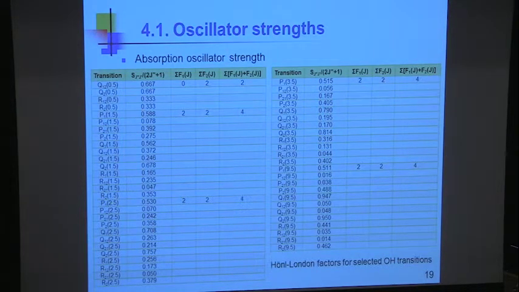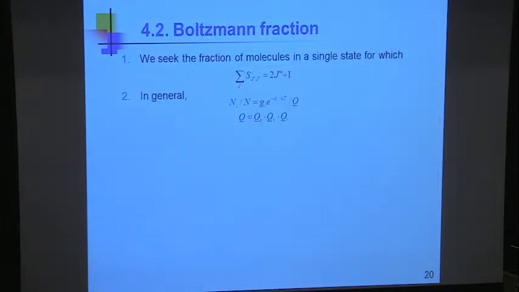You might say, well, there must be 6 transitions for that given J. If I neglect the satellite lines, that's true. But the satellite lines are included here. So whenever you see a change, I put in the satellites. The sum of those things has to be 4. So you find these tables exist, and so you get the band oscillator strength, you get the Hönl-London factor, and you're almost there.